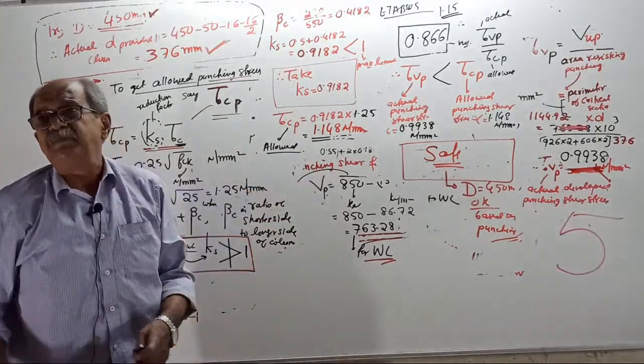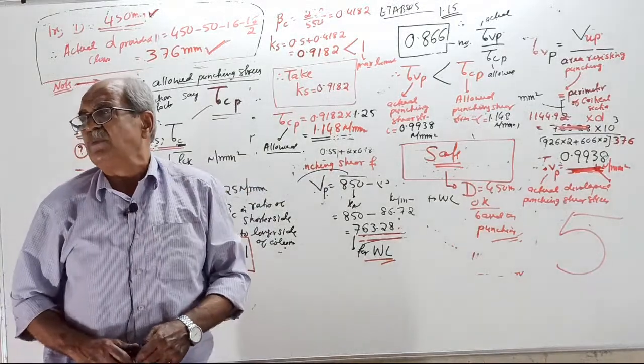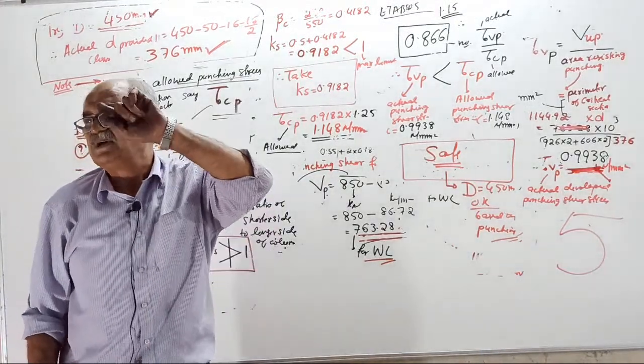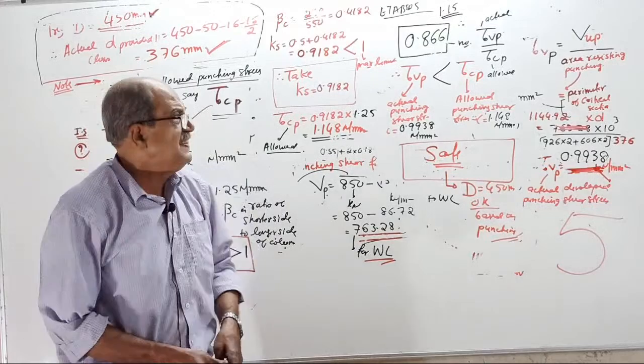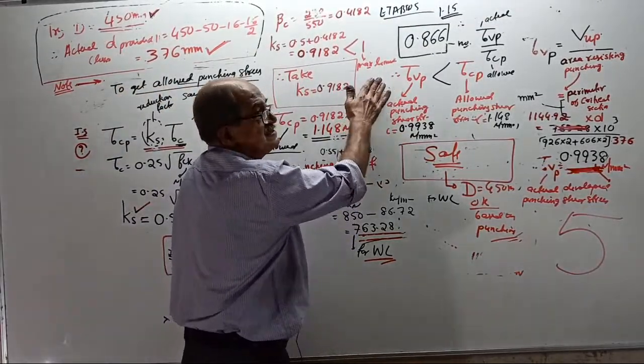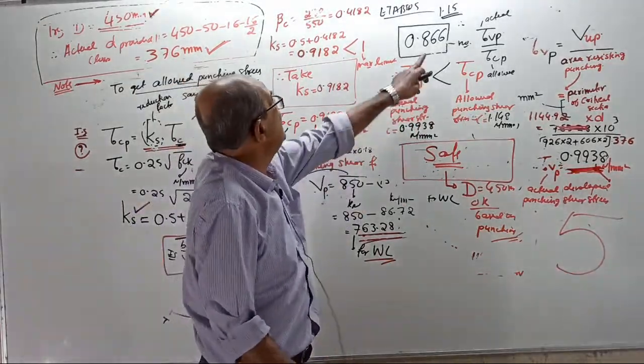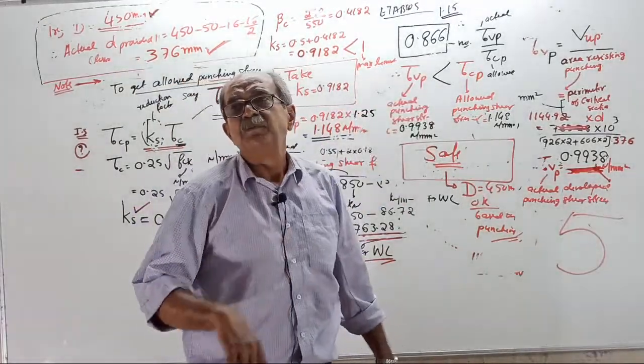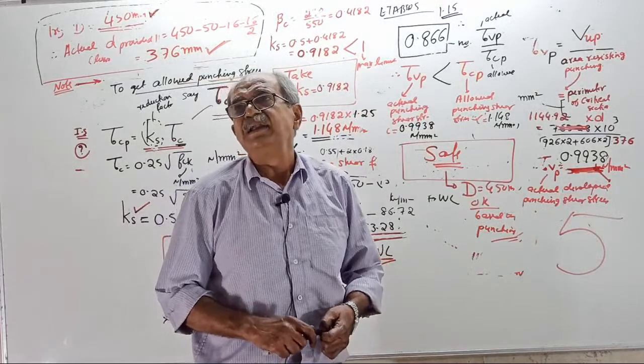What you do? In the property page, you can see thickness of slab 450. You overwrite 500 and then say okay, okay, yes, run. Suddenly you can see a number, maybe 0.97, 0.96 like that.